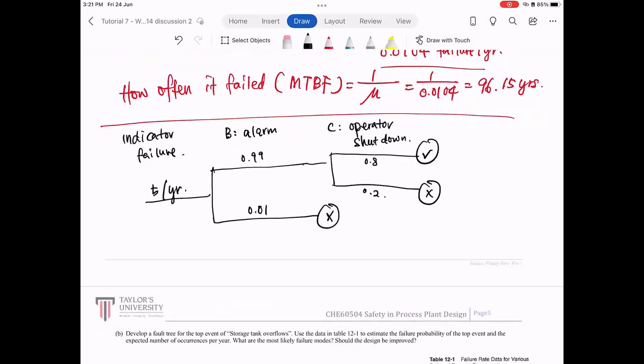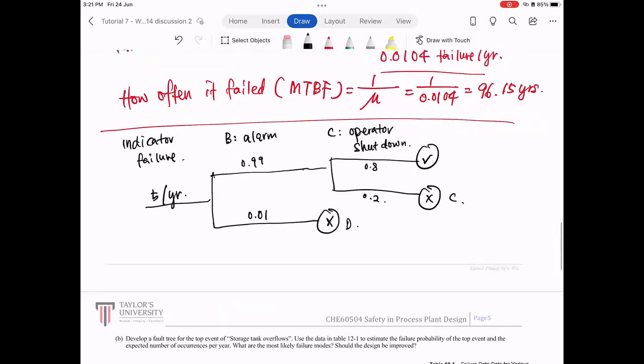So let's take a look, we have here path C and path D. We can do both at the same time. So total system failure is 5 times per year times 0.99 times 0.2 plus again 5 times per year times 0.01. You can see what's the difference now.